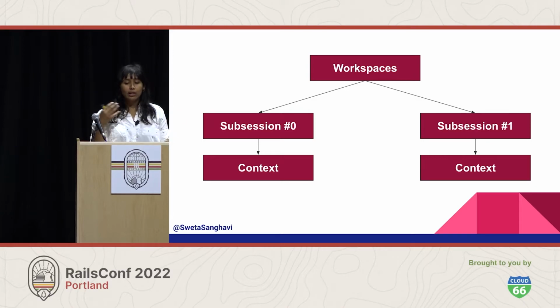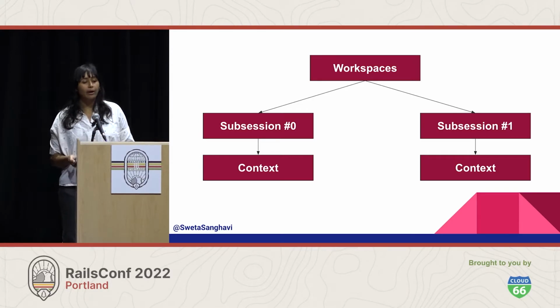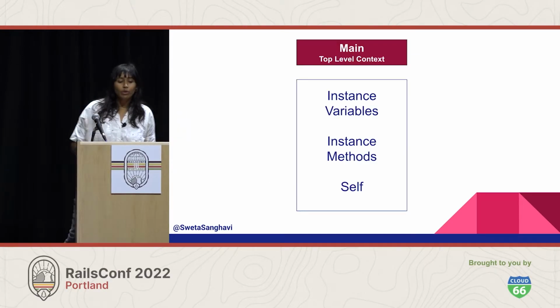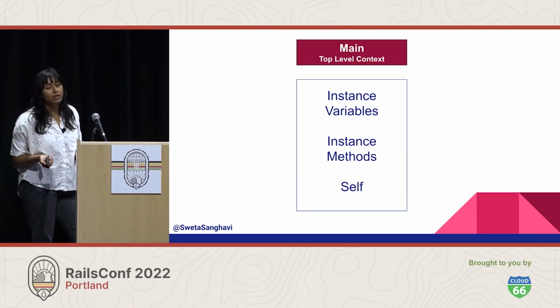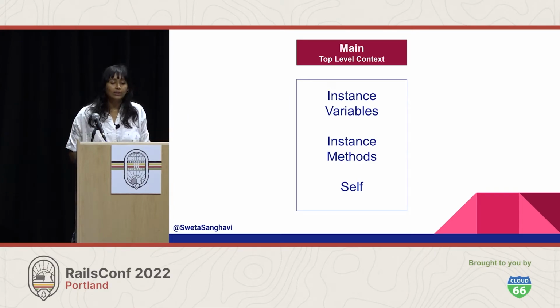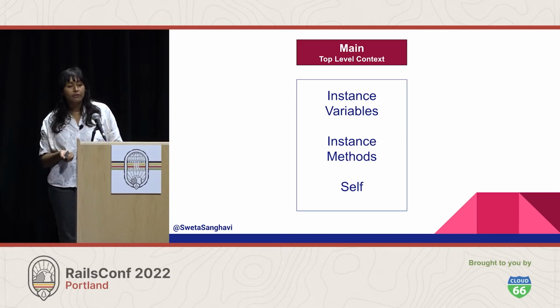The way we can think about the context is that it keeps track of the execution context at a particular place in our program. So let's talk more about context. When you load up a subsession, let's talk about the main top-level context. You have access to the instance variables, instance methods, and the concept of self.